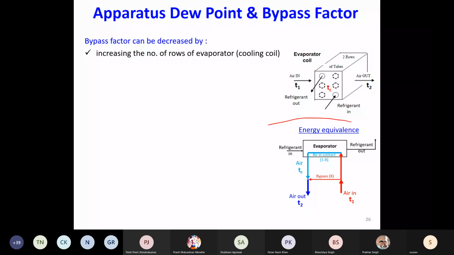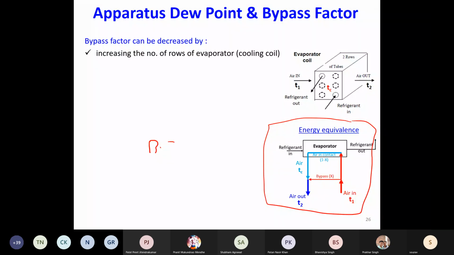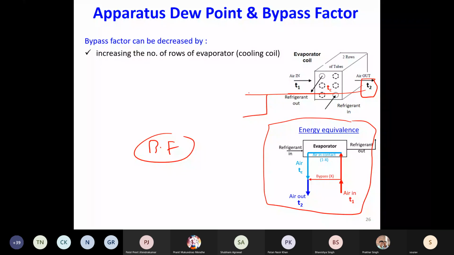I was talking about the energy equivalence of this bypass factor. The industry has coined this bypass factor term because they see T2 as the outlet, and they have broken it down into components. One component comes in complete contact with the evaporator coil. By complete contact, I mean the temperature exiting the evaporator coil. The rest of the amount, which is the bypass amount, remains as T1, and they mix to form T2.